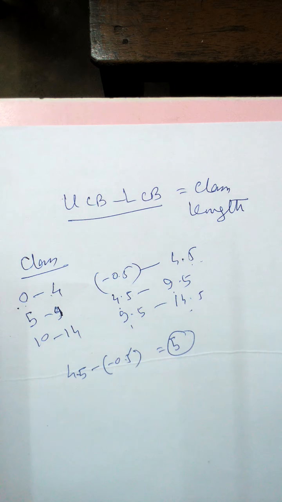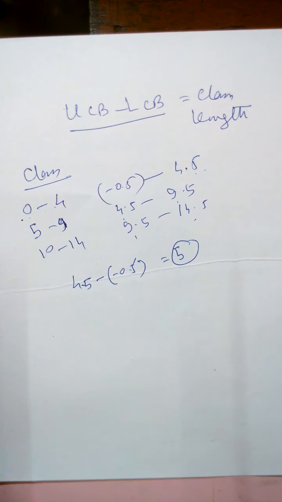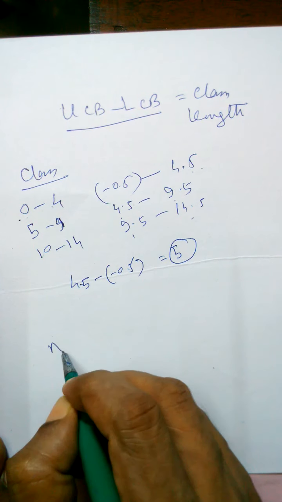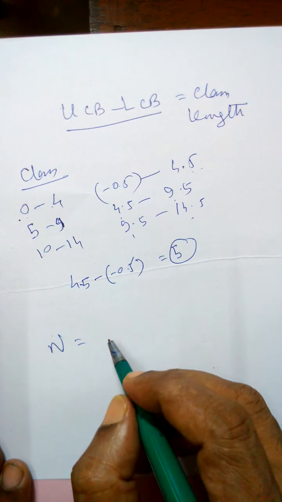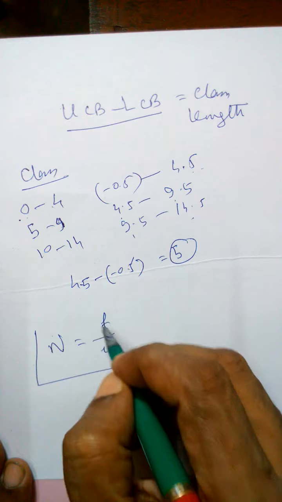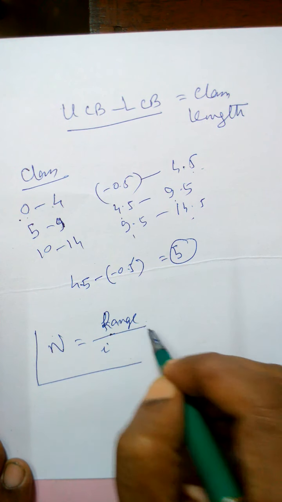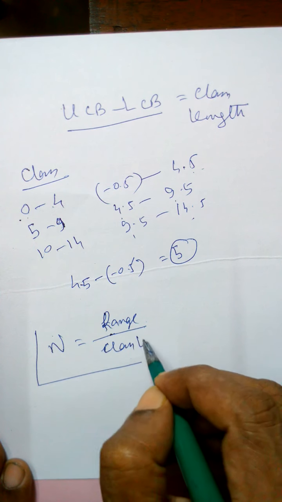Now how to find out how many classes we will be taking? Number of classes, I am writing n. The number of classes will be the range of the data divided by the class length.